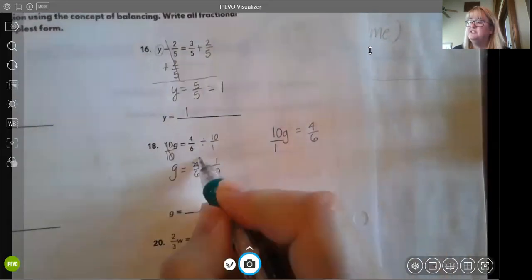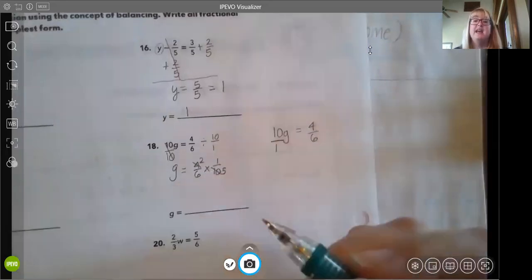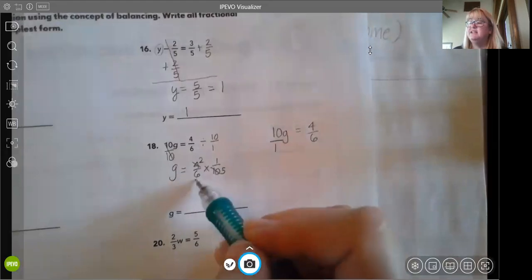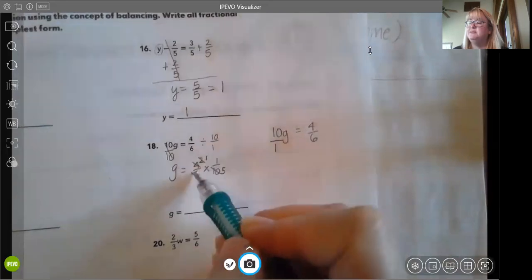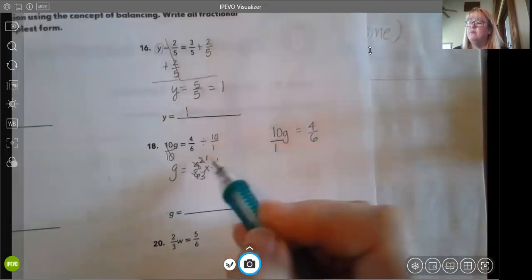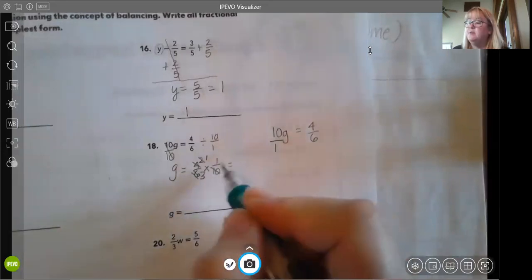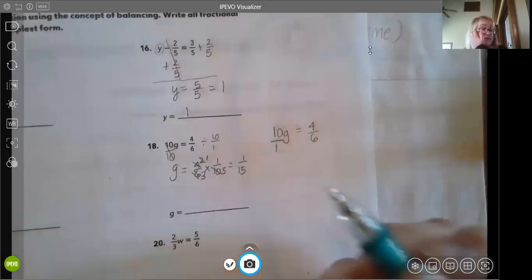So 4 simplifies to 2, 10 simplifies to 5. I can do it again now because I've got 2 over 6. 2 and 6 both can be divided by 2, so 2 becomes a 1, 6 becomes a 3. So now I've got 1/3 times 1/5. 1 times 1 is 1, 3 times 5 is 15, so it equals 1 over 15.